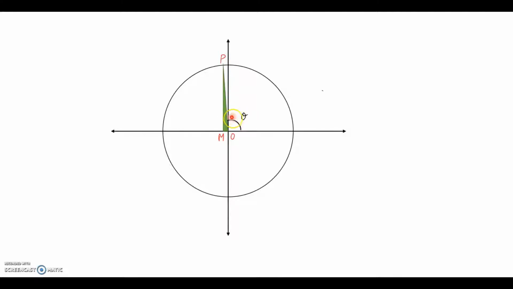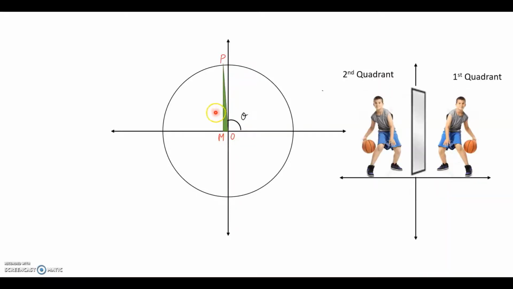When I push the hypotenuse to the other side, it starts to form a mirror image on the other side. This is explained in our previous videos, how this triangle is actually a mirror image of the image in the first quadrant. If we move this point P further down, let's see what happens.